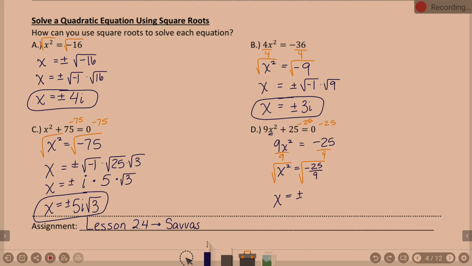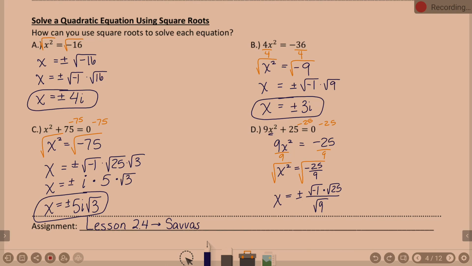What do you know about negative 25? If you break that negative 1 off, it's negative 1 times positive 25, right? And then on the bottom, you have the square root of 9. Just think about this as all individual square roots. They're all multiplying and dividing, so we can pull them apart like that. Do we know all those square roots?